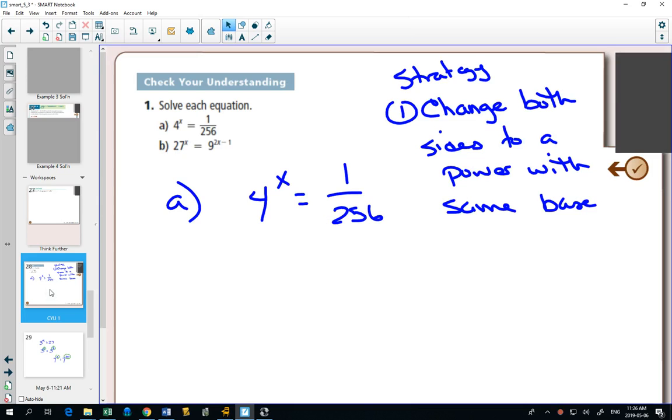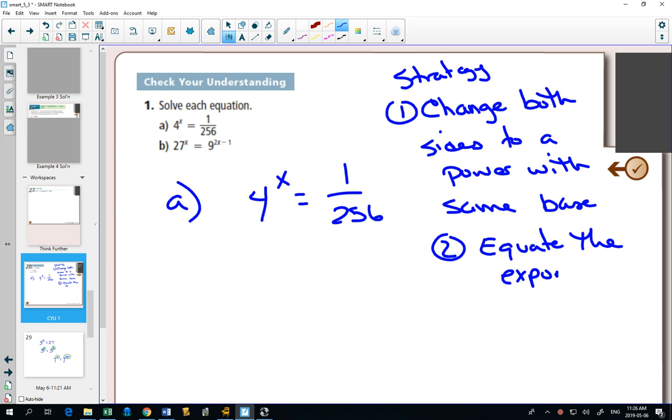If we can make both sides the same base, we can make the exponents the same, or equate the exponents. Now this is going to require that we know our powers chart and we know our exponent laws.